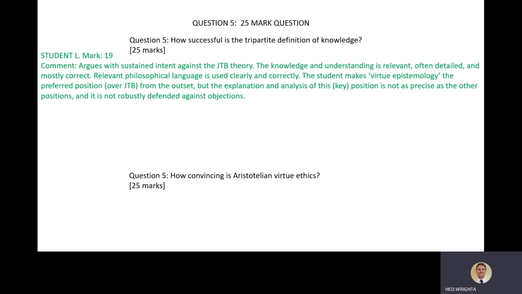So essentially, let's not mess about here, this is a very good essay. But the reason they didn't get 25 out of 25 was because their explanation and analysis of virtue epistemology isn't as precise as it should have been, and it is not robustly defended against the objections. That's a very common mistake that students make.